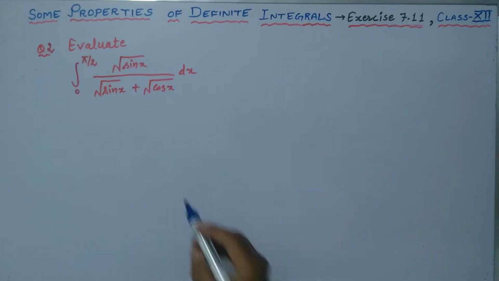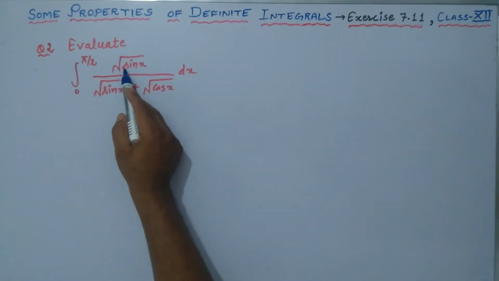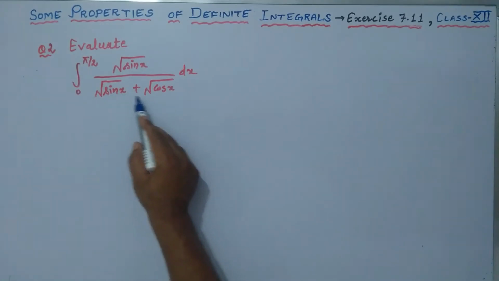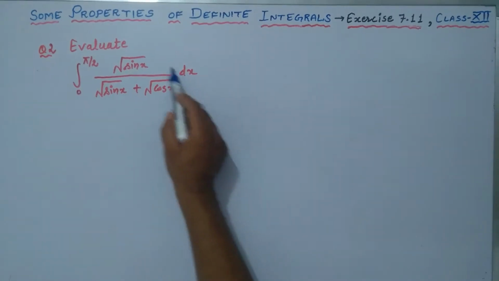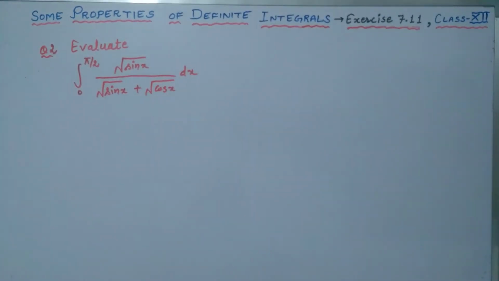Question number 2 is evaluate the integral from 0 to pi by 2 of square root sin x upon square root sin x plus square root cos x dx. Use the properties of definite integrals.